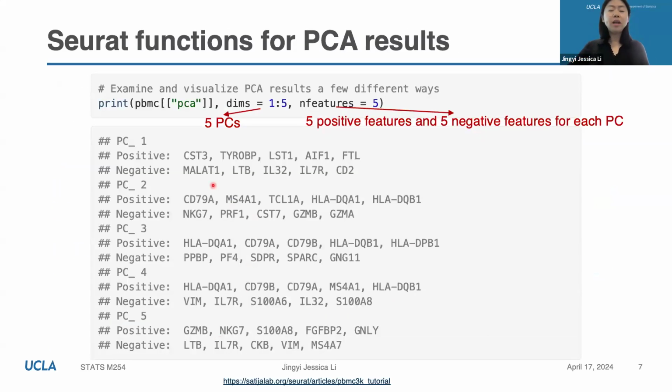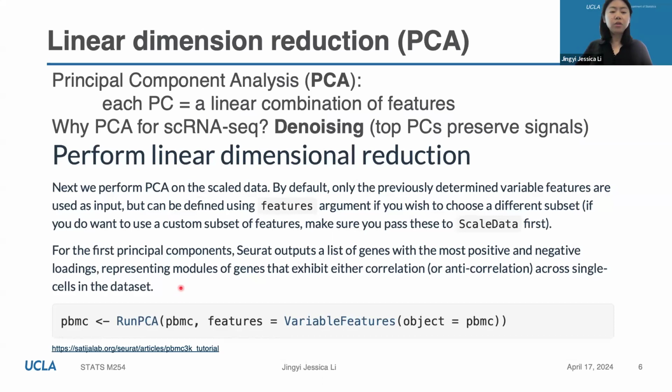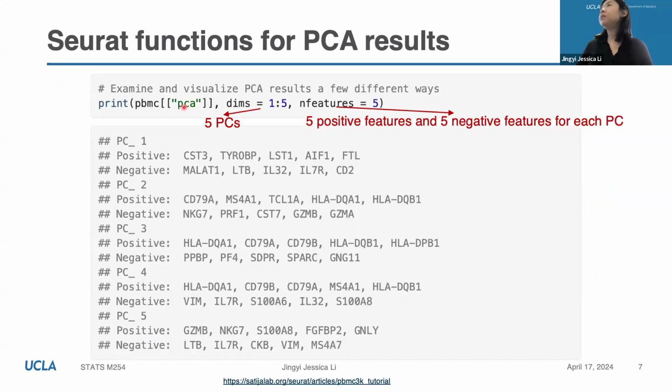And once you do this, Seurat will store the PCA results into a field called pca. So you will have this new field in the PBMC object. And once you run this print, it will print out the PCA results like this.